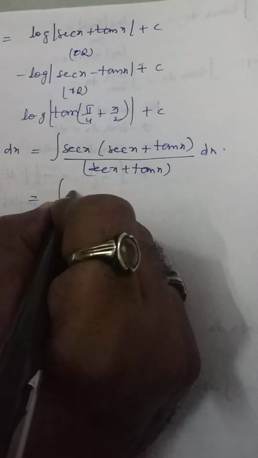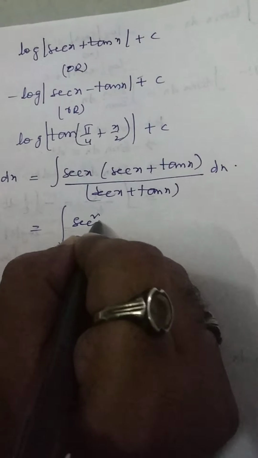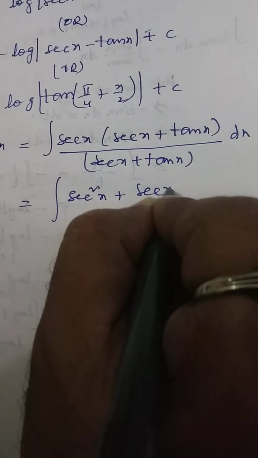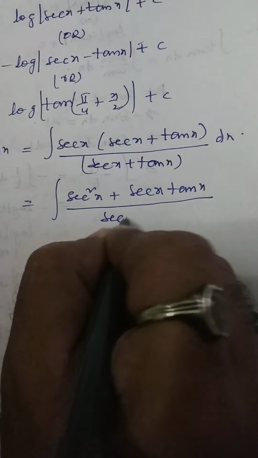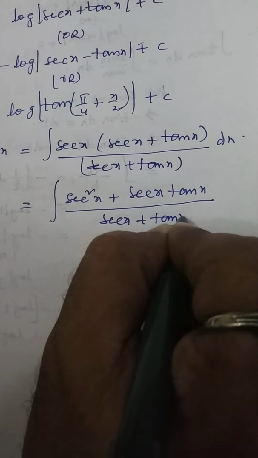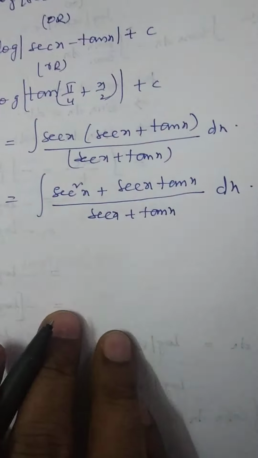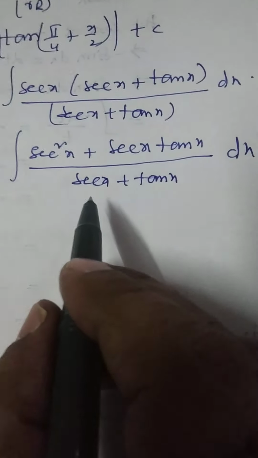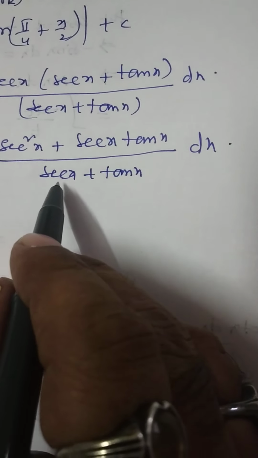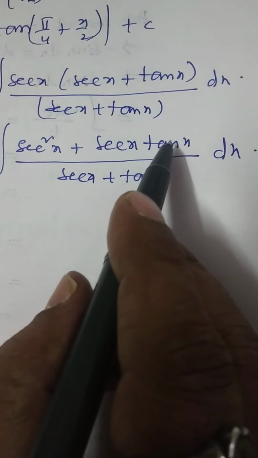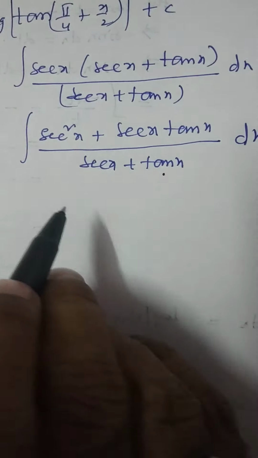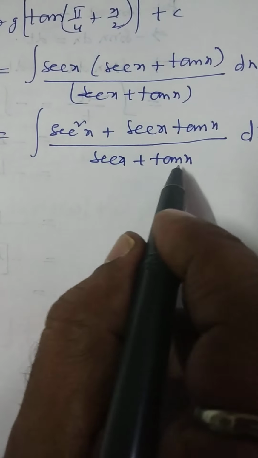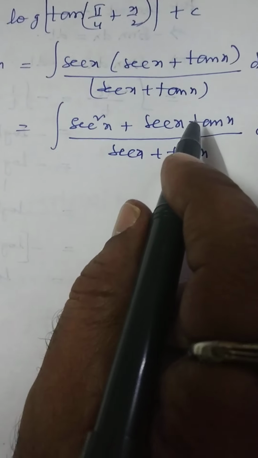So which is equal to integration of secant square x plus secant x into tan x by secant x plus tan x dx. Now observe this carefully. Observe the denominator. Secant x derivative is what? Secant x tan x. Tan x derivative is what? Secant square x. So clearly the derivative of this denominator is nothing but the numerator.